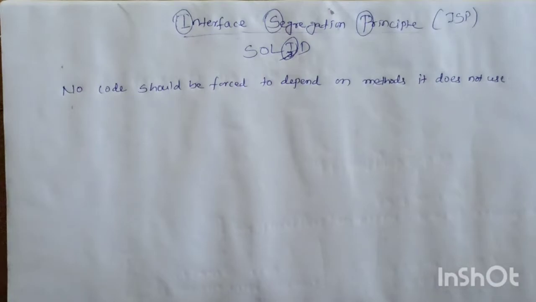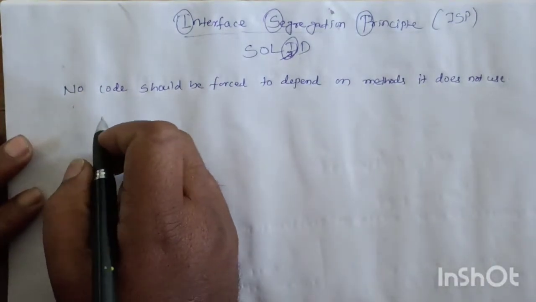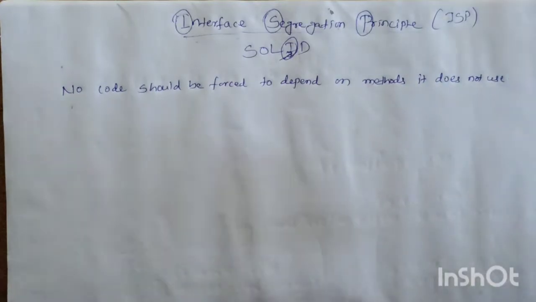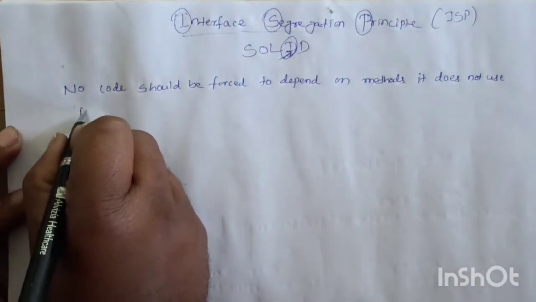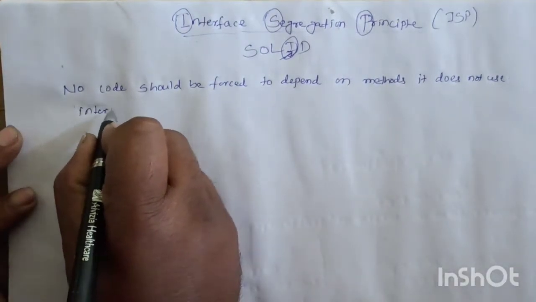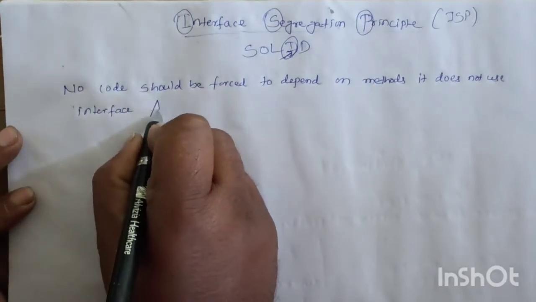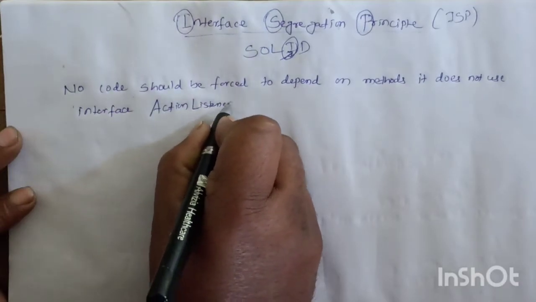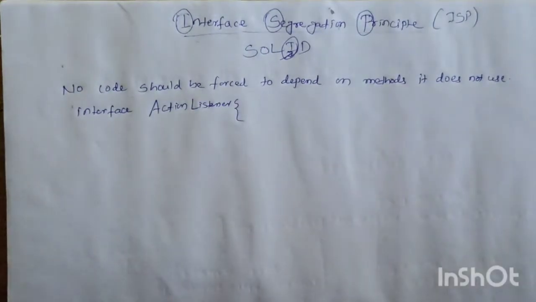So if I want to create an interface for any view for these actions, we can call it ActionListener. What are the different methods it can contain? Ideally, this is for view actions.